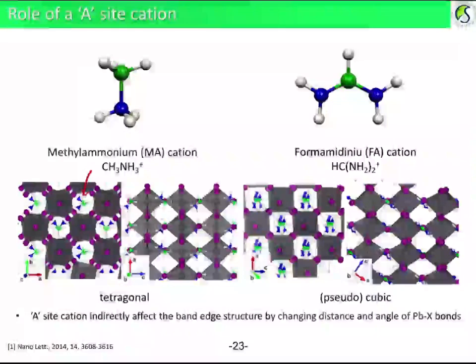So they can still indirectly affect the band edge structure, because depending on their geometry, the bond distance between Pb and I and the bond angle will change, which will lead to a change in band edge structure. The band edge structure consists of the orbitals from the lead and the halide.